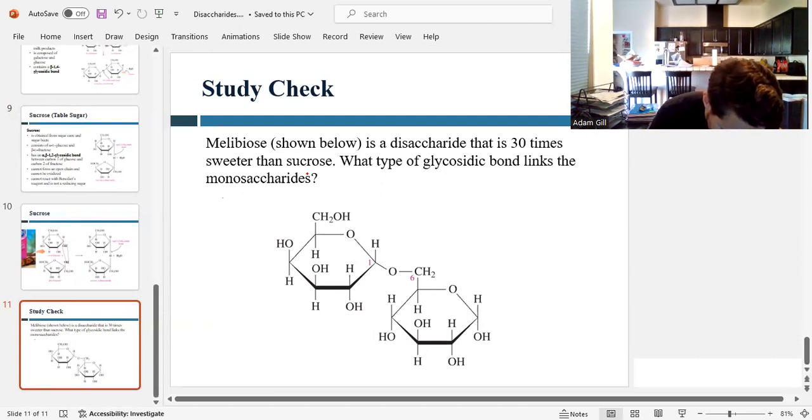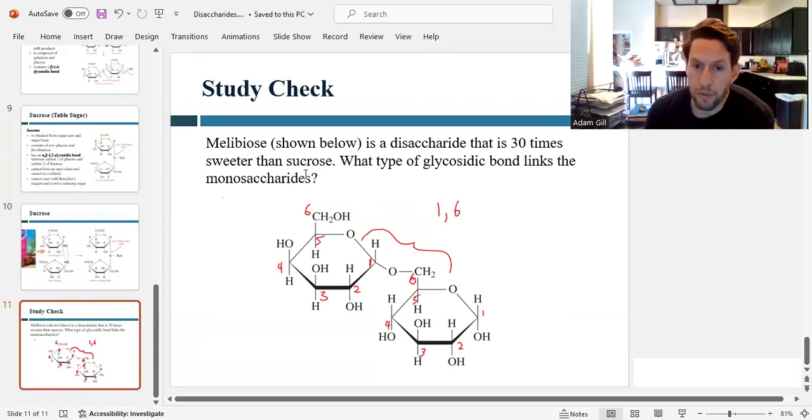And so this is going to be carbon 1, 2, 3, 4, 5, and 6. And on the second ring, 1, 2, 3, 4, 5, and 6. And so we can see here that it's carbon 1 connecting to carbon 6.